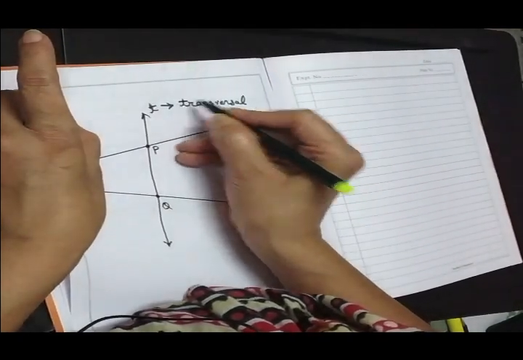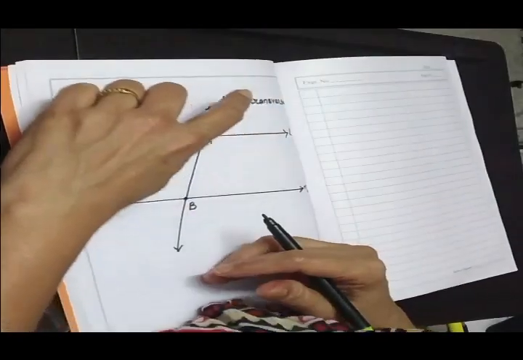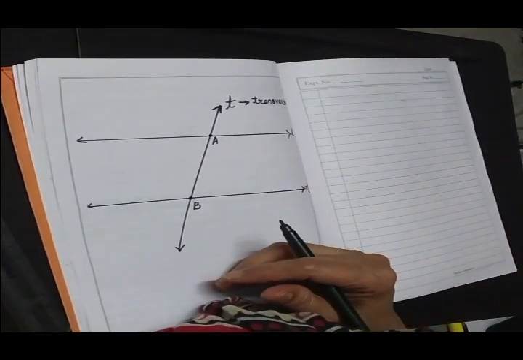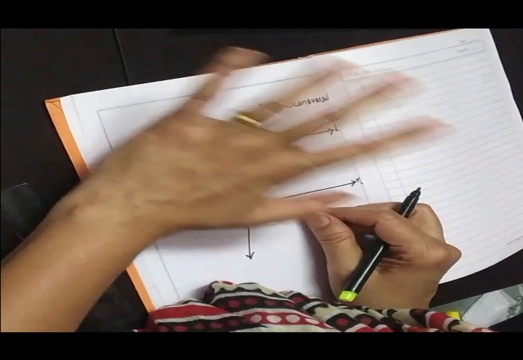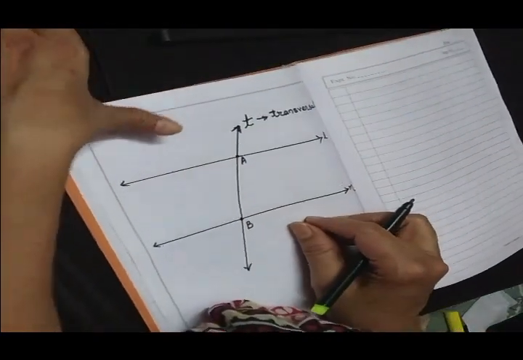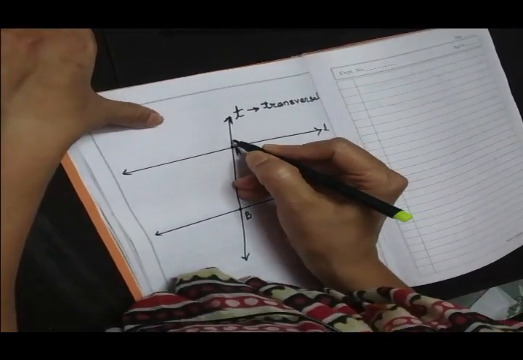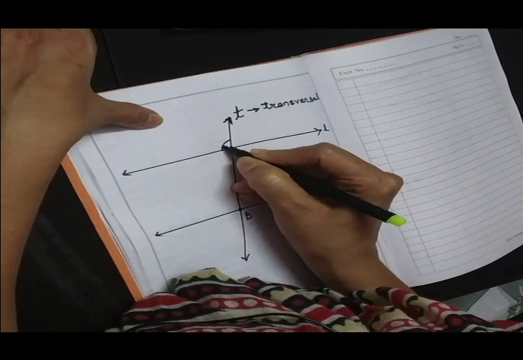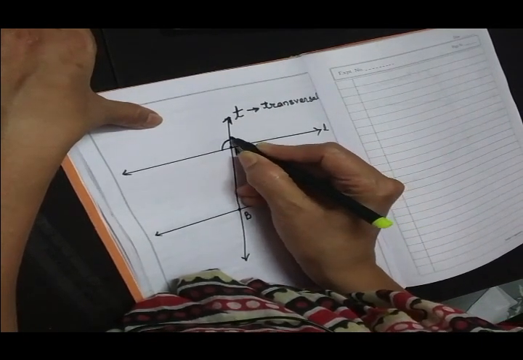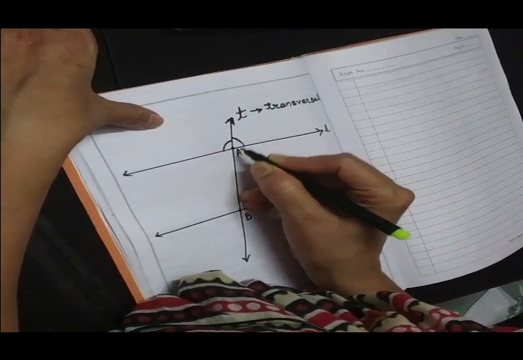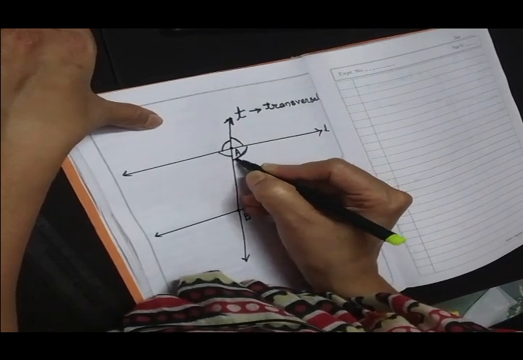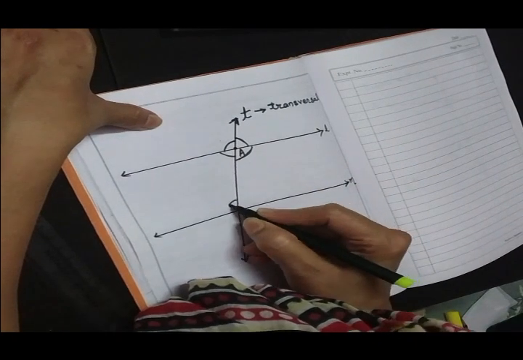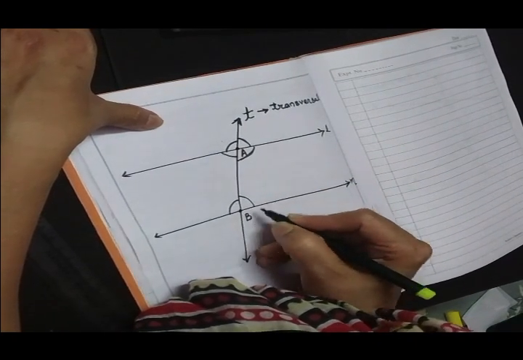Yes, very good. Now, because of this transversal and two lines in the first figure which are parallel to each other, we are getting some angles here. Can you see these angles? Yes. So at the first distinct point, four angles are formed.